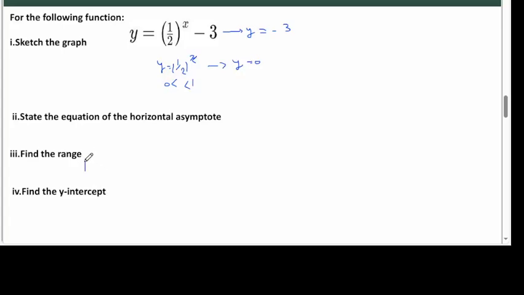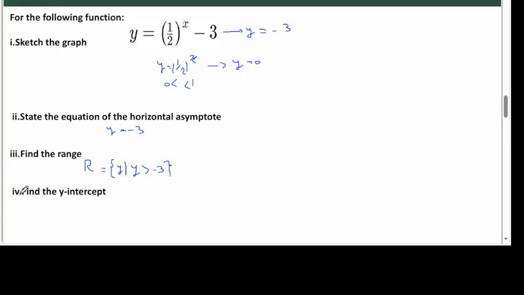So I say the range would be the set of all y such that y is larger than -3. As I said, asymptote is y equals -3. I will show all of them on the graph.